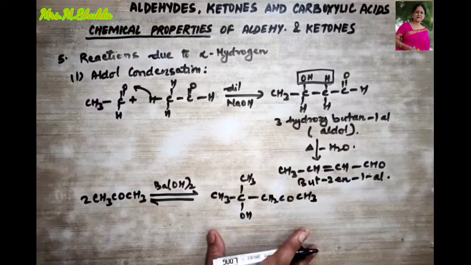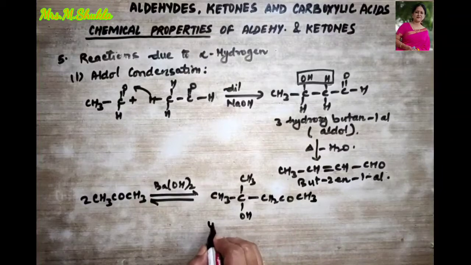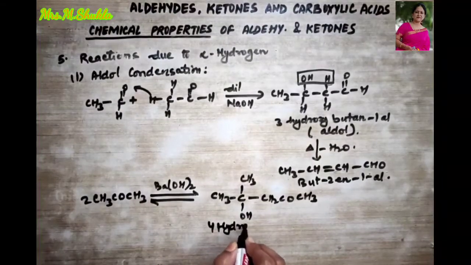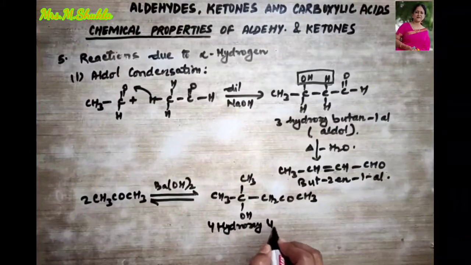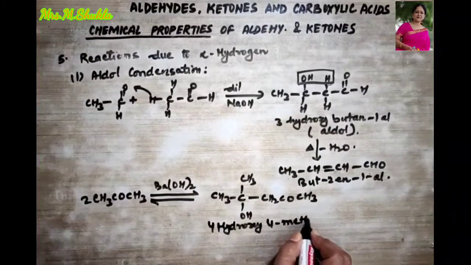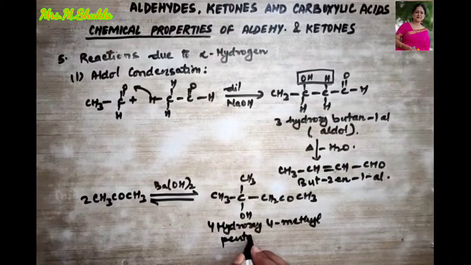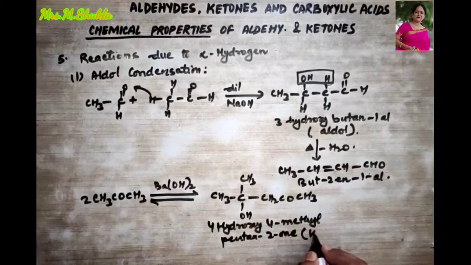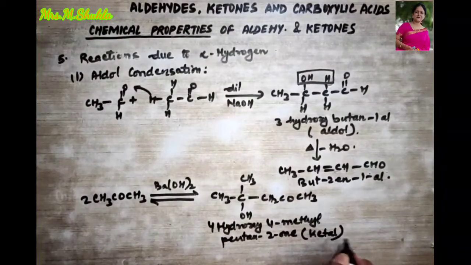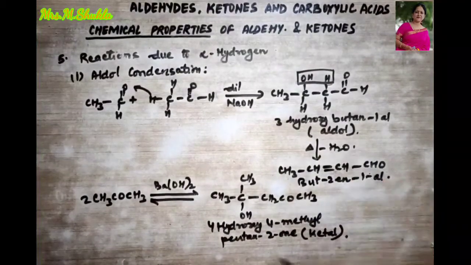Let's name this. What is the name of this compound? It is 4-hydroxy-4-methylpent-2-one, and this is called ketol. That was aldol and this is ketol.